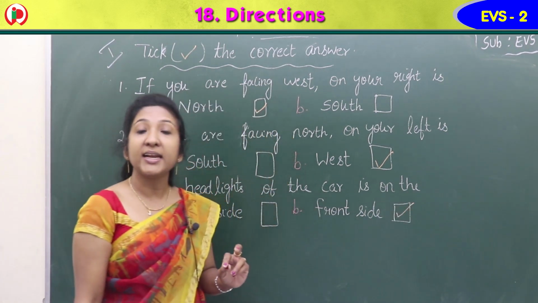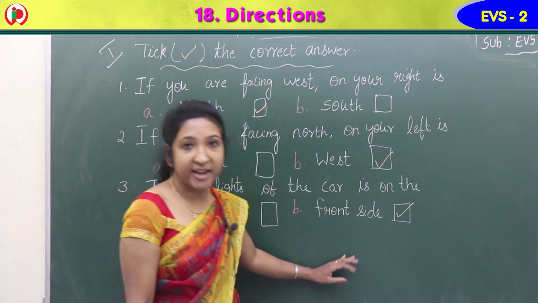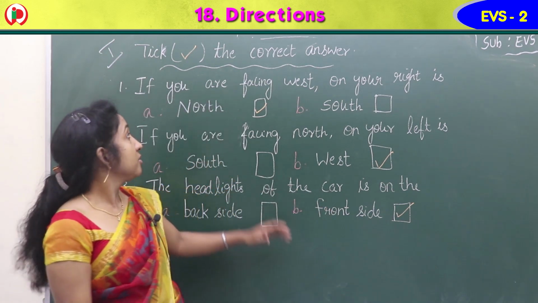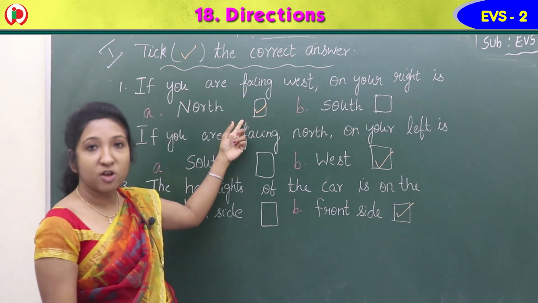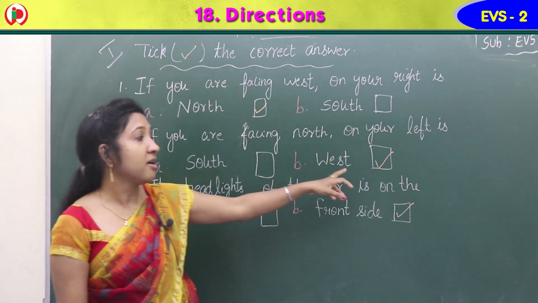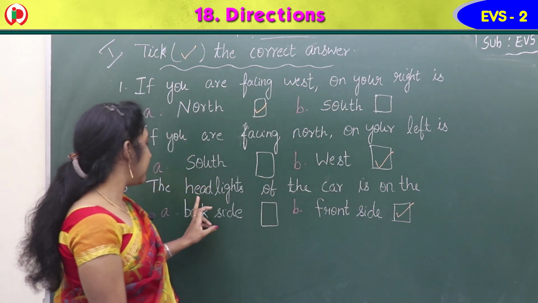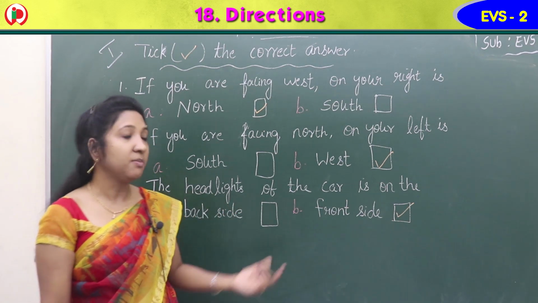You have to put a tick mark there. Car's headlight is on the front side of the car. So if you are facing west, on your right is north. If you are facing north, on your left is west. Then third one, the headlights of the car is on the front side, option B.